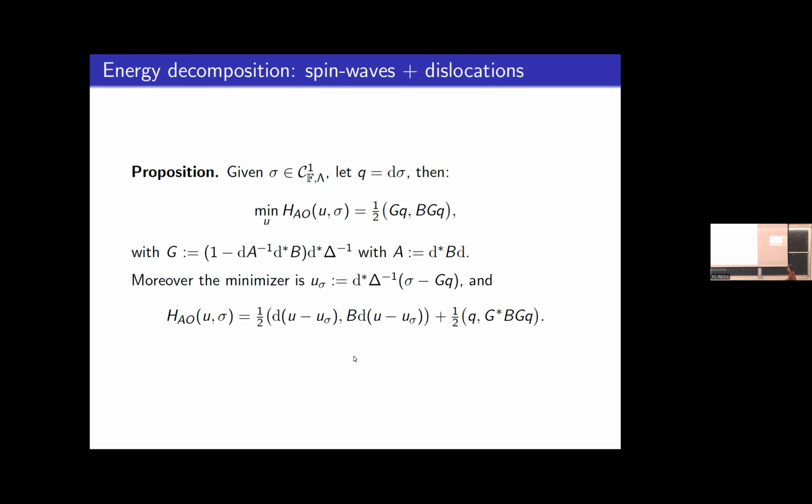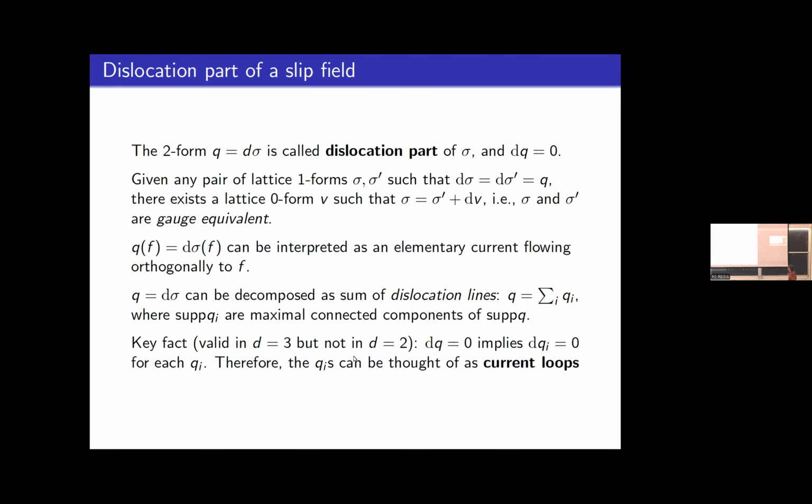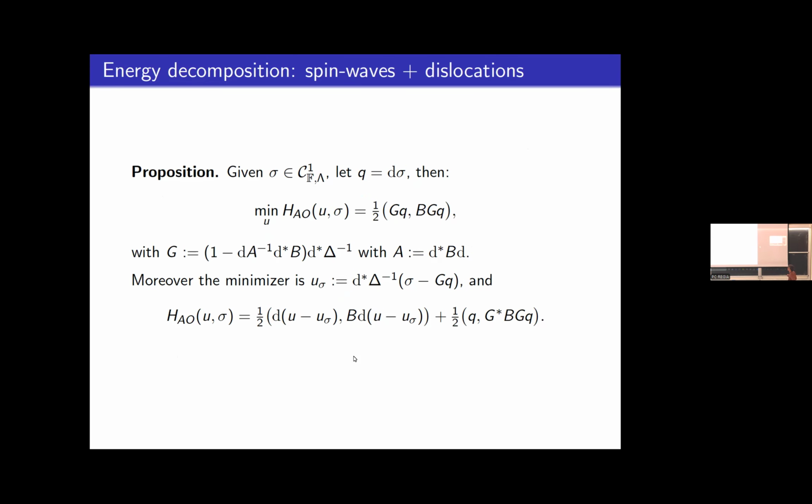In particular, once you know the Hodge decomposition. So, given an arbitrary lattice valued one form sigma, let Q be its discrete curl, what I call the dislocation part of sigma, as I already mentioned this morning.